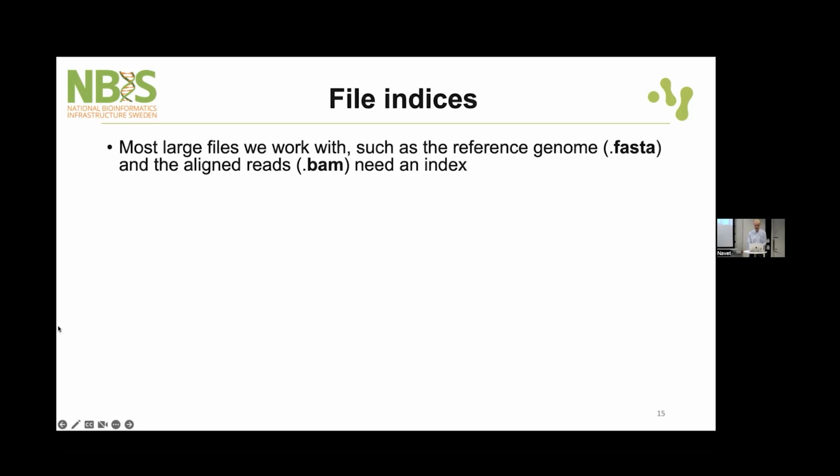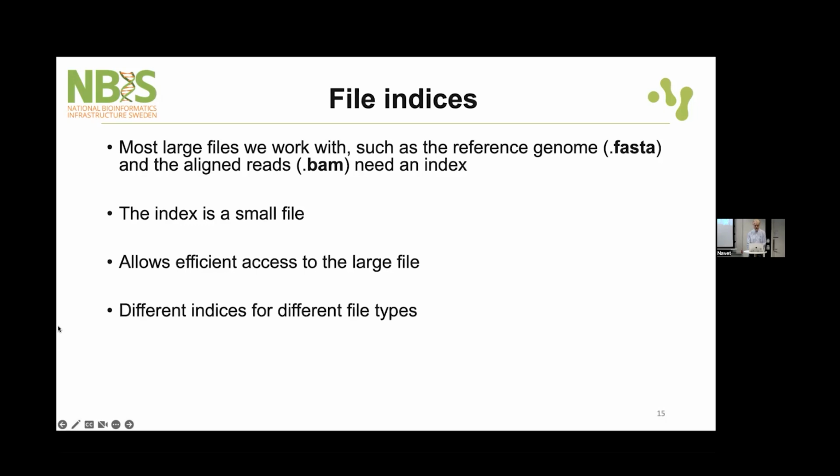So the reference genome, for example, which is FASTA formatted, will need an index file. And the BAM file will need an index file to be able to work with them with other tools. The index is a small file that you keep with the actual data file.